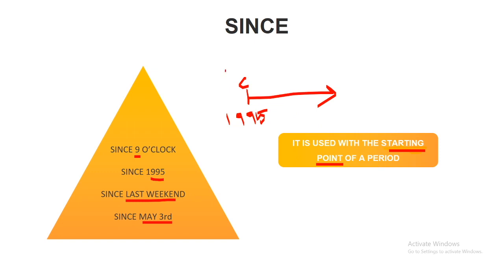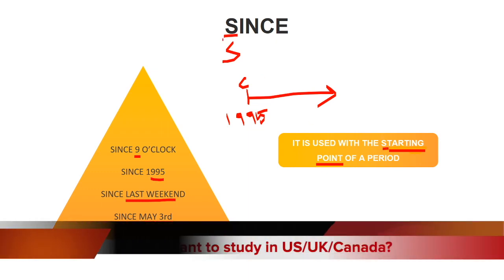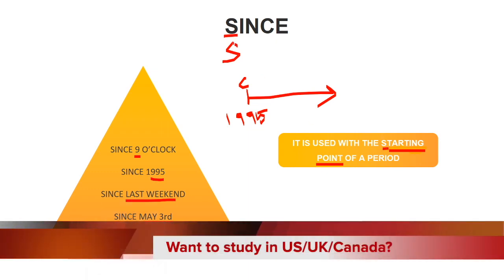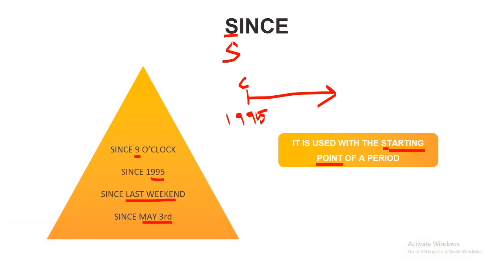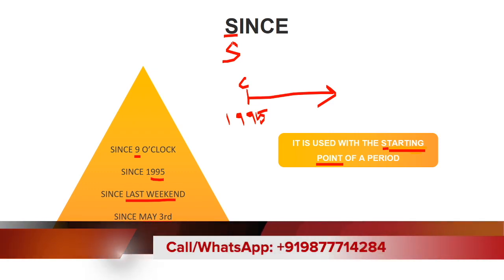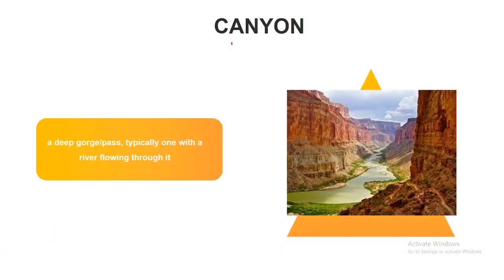And if you want a shortcut to understand and remember this for longer, since starts from S and starting point also starts from S. So whenever there's a starting point, the word that you would use before the starting point would be since. I hope these are clear.